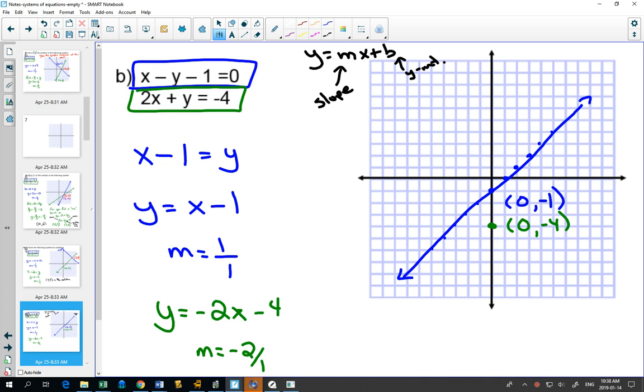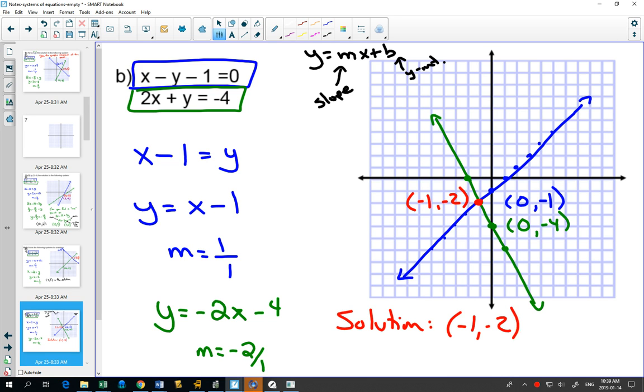A negative slope means that it's going down from left to right. So down 2 over 1, over 2, up 1. I could draw more points if I wanted to, but this is enough to find out where they intersect. And my solution is at negative 1, negative 2.